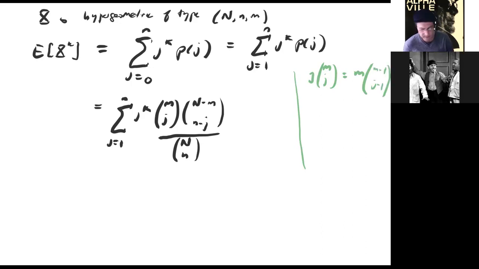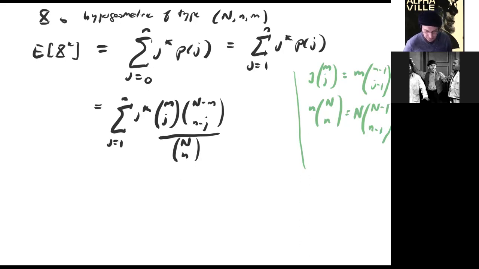And a similar identity, just different parameters, N choose n is given by N over n times N minus 1 choose n minus 1. We've used these before. Okay, so I'm going to make some substitutions.